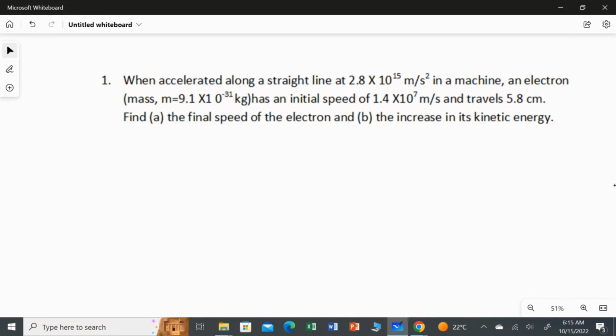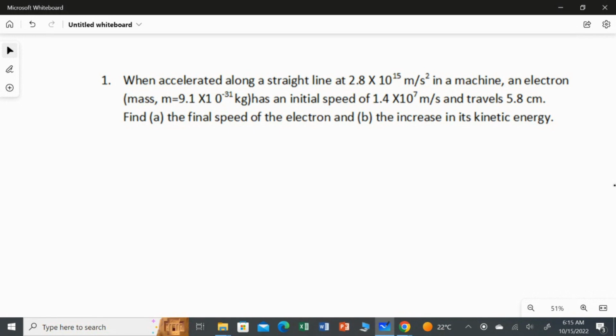So what is given in the question? You are just accelerating the electron at a rate of 2.8 × 10^15 meter per second square, and it has a constant mass of 9.1 × 10^-31 kilogram and an initial speed of 1.4 × 10^7 meter per second. By that, it covers the distance of 5.8 centimeters.